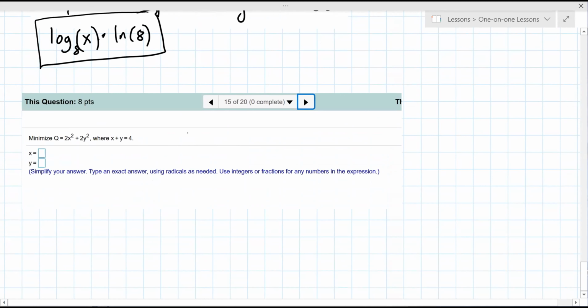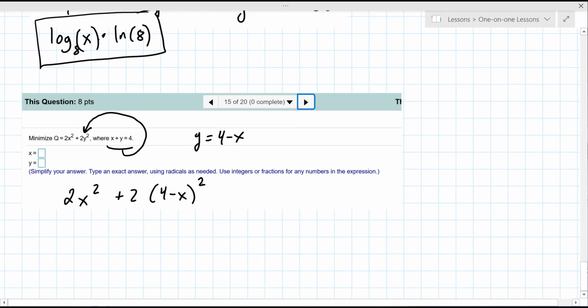The path here is you have to take this and substitute it back in, because we're comfortable dealing with things in terms of x. You're going to solve it for y here. So y equals 4 minus x. So this becomes 2x squared plus 2 times 4 minus x squared. So all I did was take that and put it in.